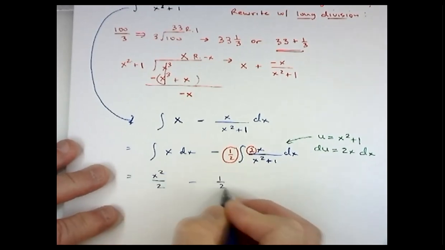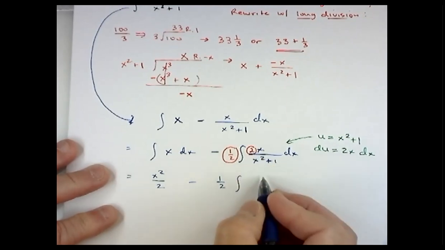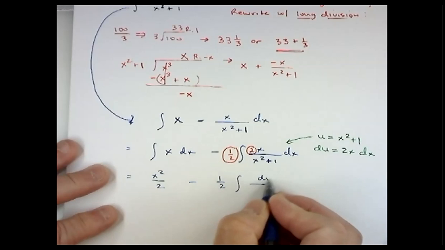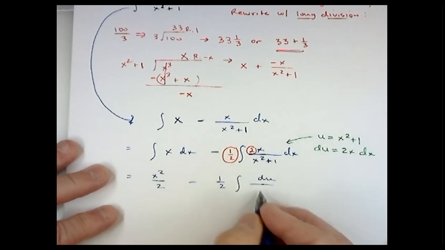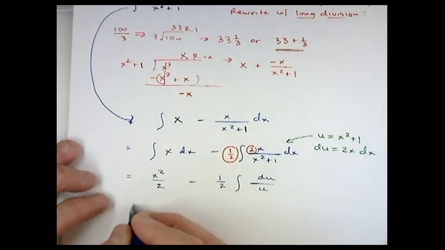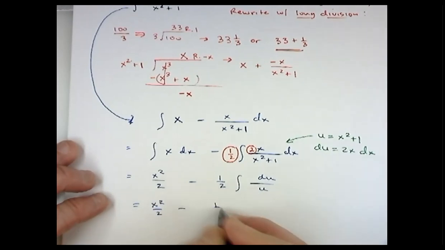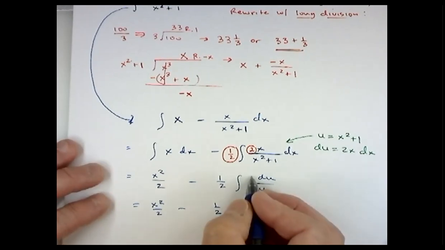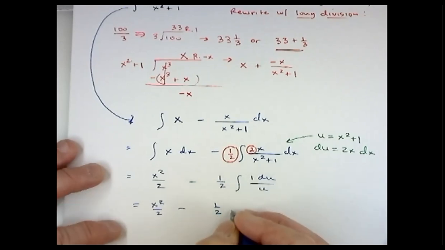And this is going to turn into, the numerator is du, the bottom is u. And du over u, if it helps, you can always put a 1 there. 1 over u du has an antiderivative of ln of u.